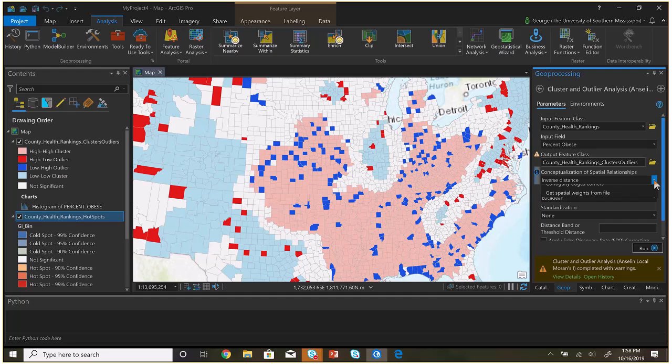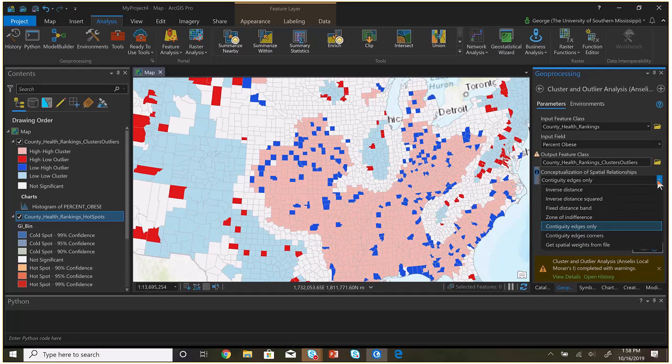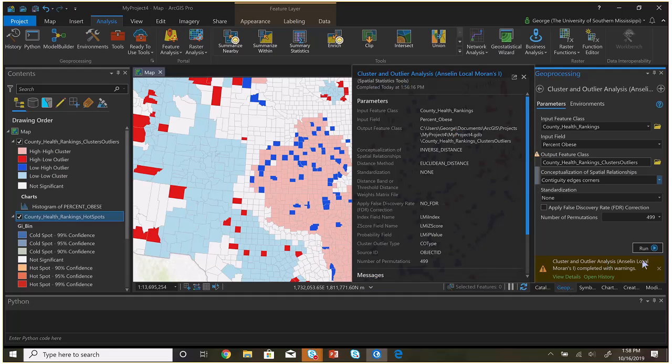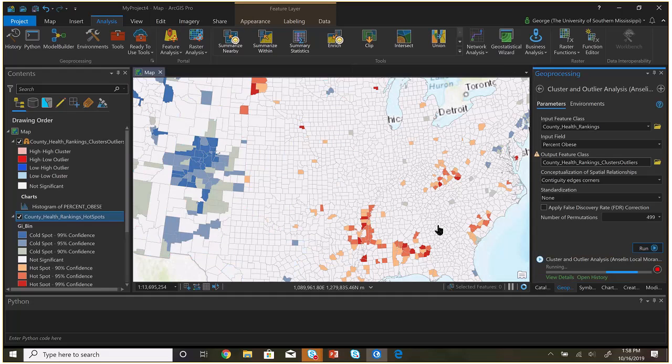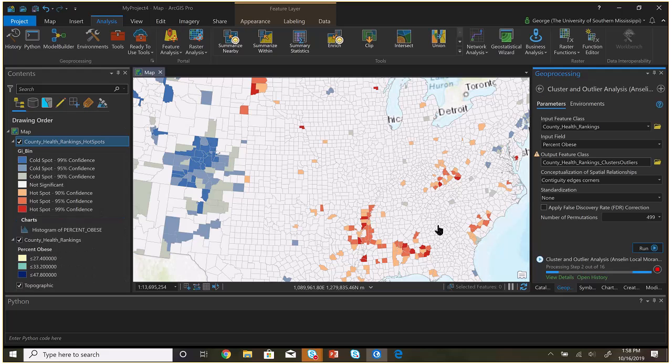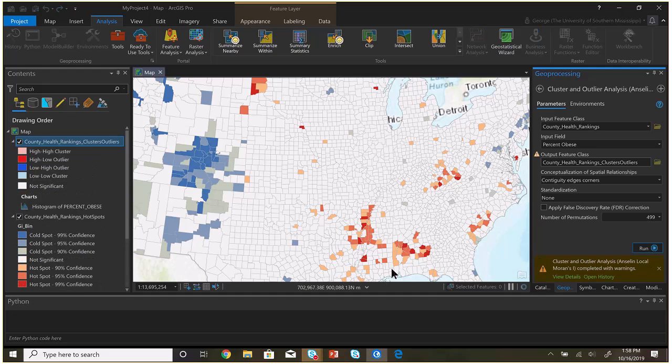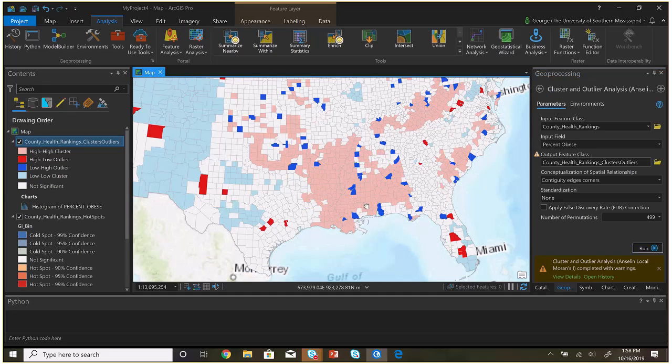Now let's see if we change this to be just neighbors, contiguity. I'm going to do edges and corners. It's not done yet. I'm pretty sure if I do this, it shows up a few more counties in Mississippi, including our own.